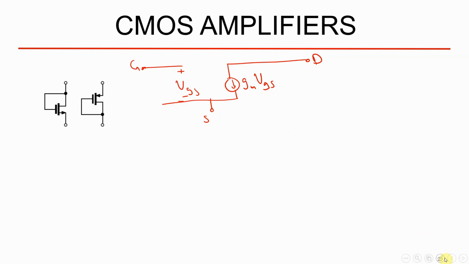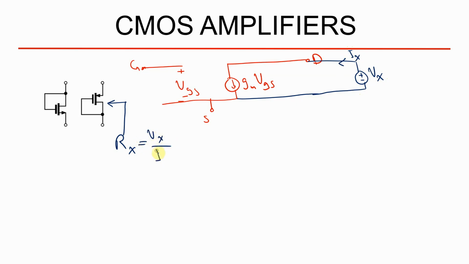So now I'm going to calculate the resistance between the drain and source nodes. This means that I'm going to put some voltage source, we call it Vx, and the current through it is Ix, and I'm going to calculate Vx divided by Ix in order to calculate the resistance through these nodes.